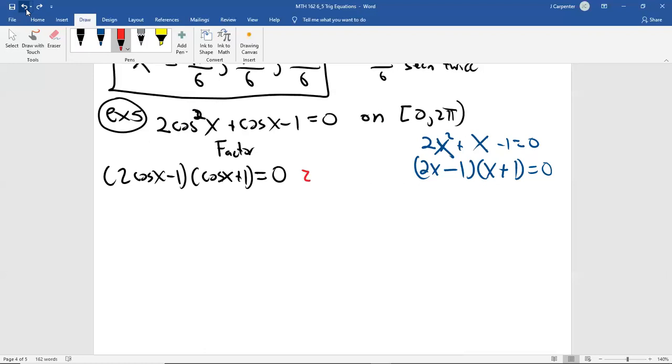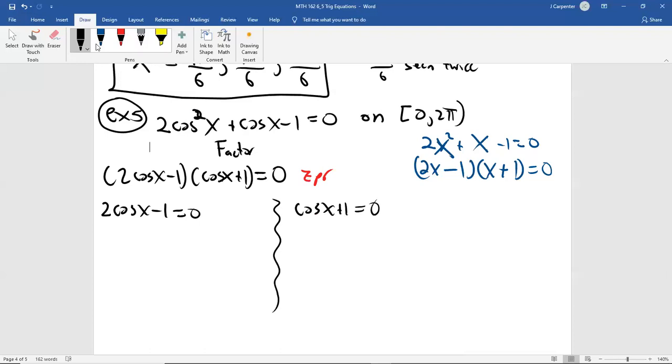All right, zero product rule this bad boy, or bad girl, whichever. So we get 2 cosine of x minus 1 equals 0, or we get cosine of x plus 1 equals 0. Give me 15 seconds.